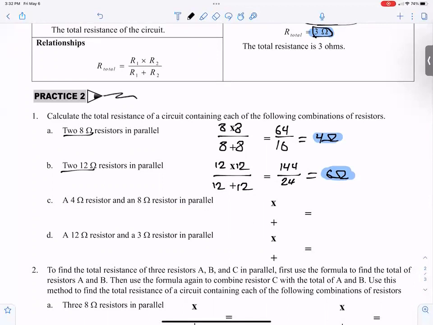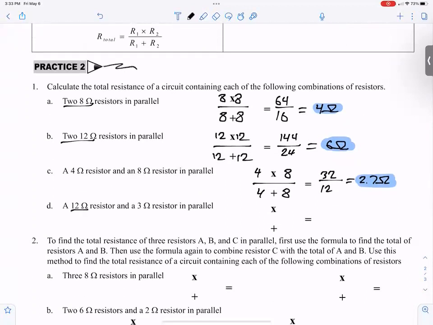It works the same way. So we'd have a 4-ohm resistor and an 8-ohm resistor. So 4 times 8 over 4 plus 8. On the top, we have 32. On the bottom, we have 12. Now, when you divide these two, you're not going to get a whole number as you've been getting. So it's around 2.7 ohms, 2 2/3 of an ohm. But you're going to write down the decimal approximation when necessary.